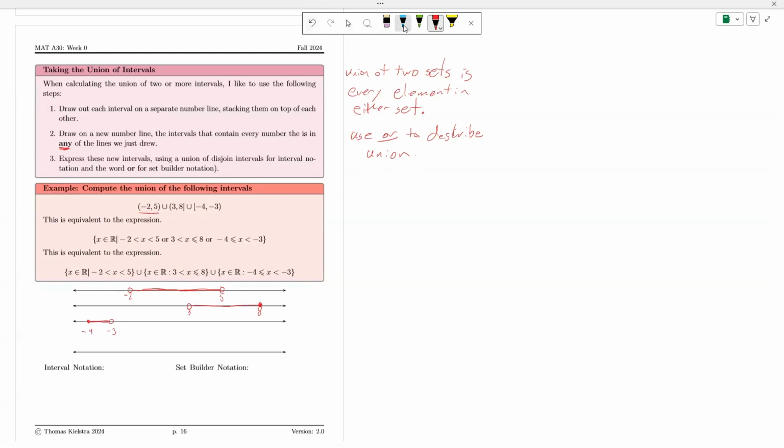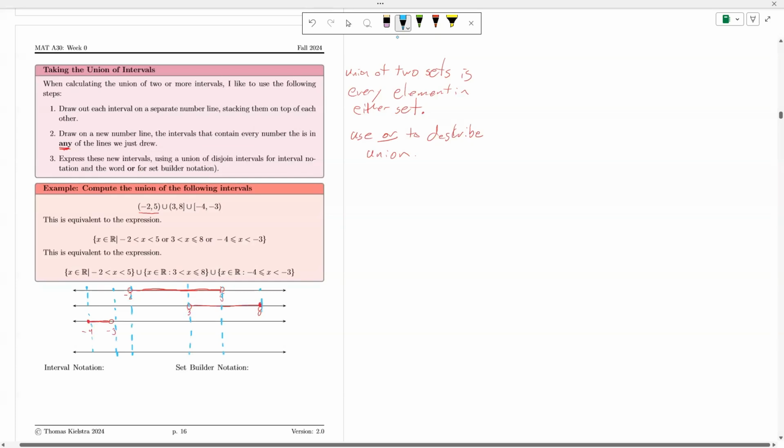And now what I like to do is draw vertical lines down at all my points here. And I take everything that's in any of these spaces. So if I go from left to right: -4, I hit something. And I go up and I stop hitting things at -3.